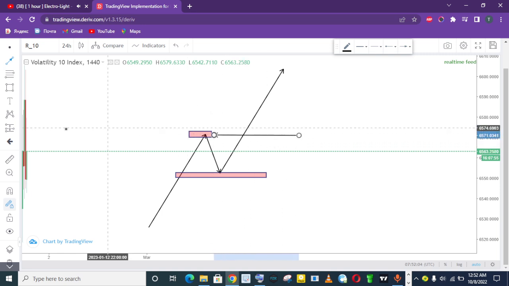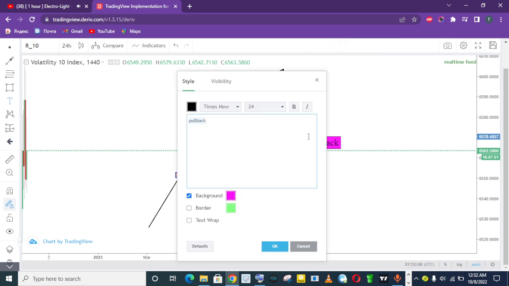Let me highlight everything. You've got the highest point here. Please don't make a mistake: you put it on the highest point of the impulsive move, not the lowest point or anything else.